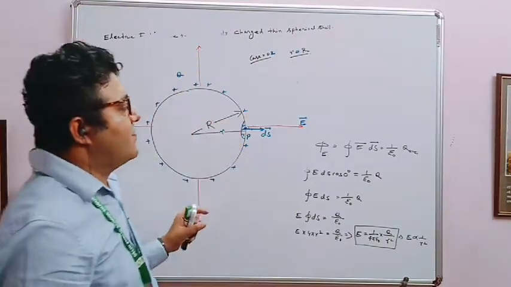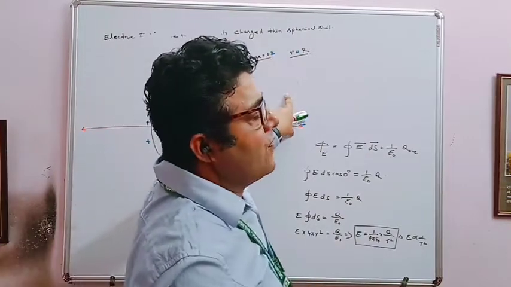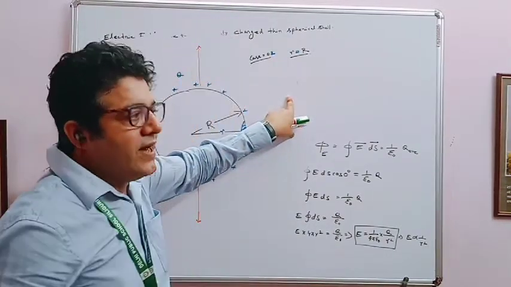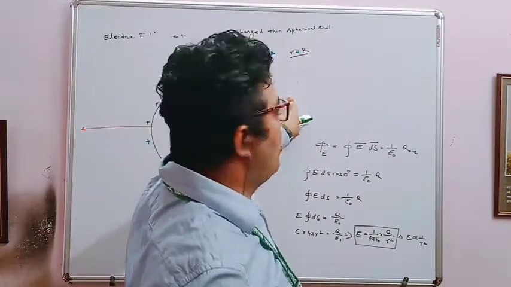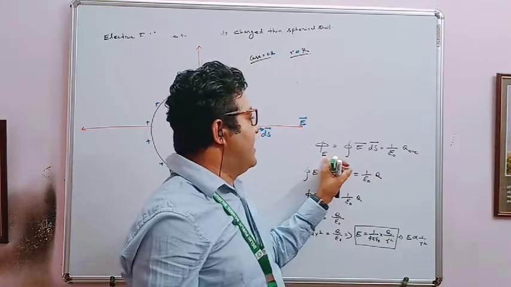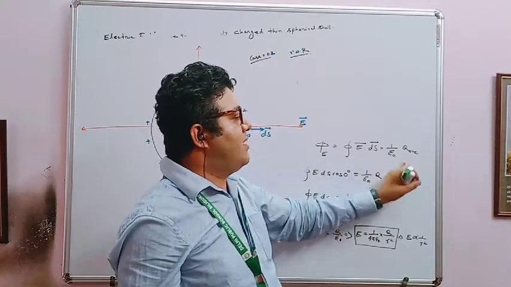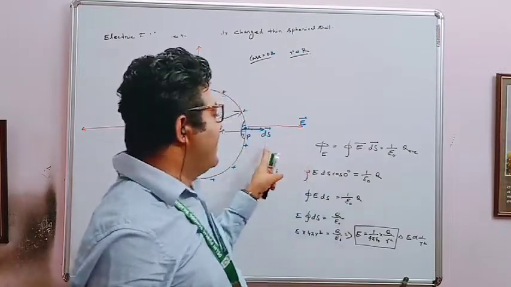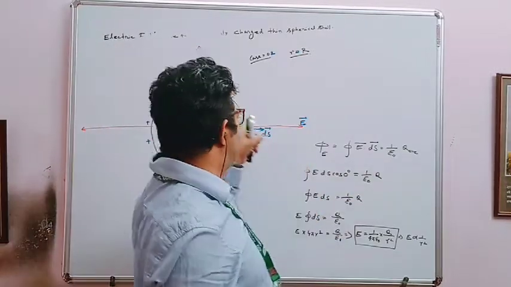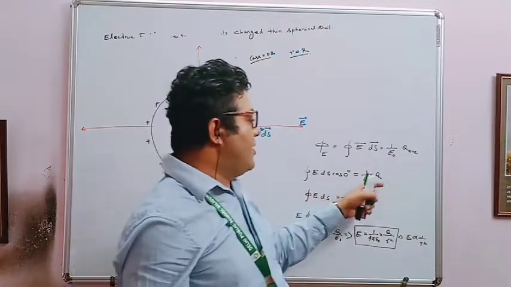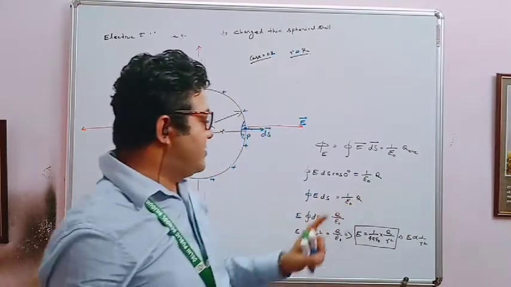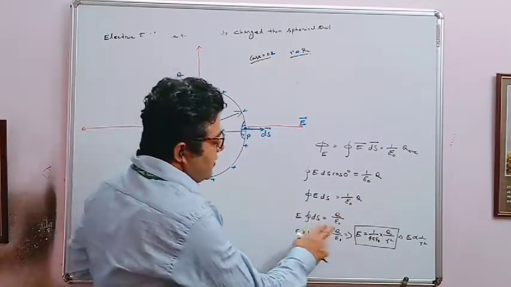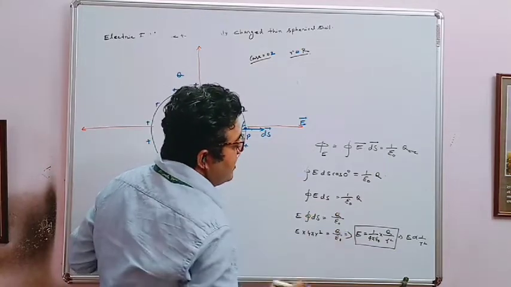When on the surface of the shell, again from the definition of electric flux and from Gauss's law we can write electric flux is E dot dS, that is 1 by epsilon naught Q enclosed. This line is also the same because the angle is 0 degree. The charge enclosed by this is Q amount of charge, so this line is also the same.